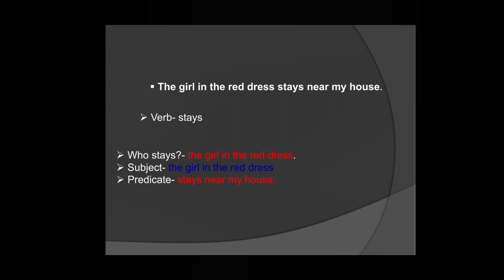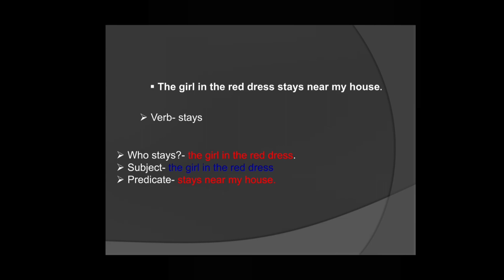Now, many of you are thinking the answer will be only the girl. You are wrong. In this case, the girl in the red dress is going to be the part of your subject.